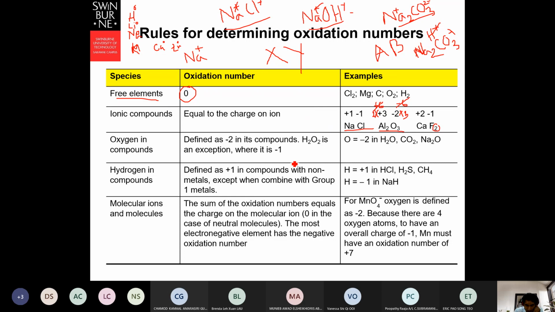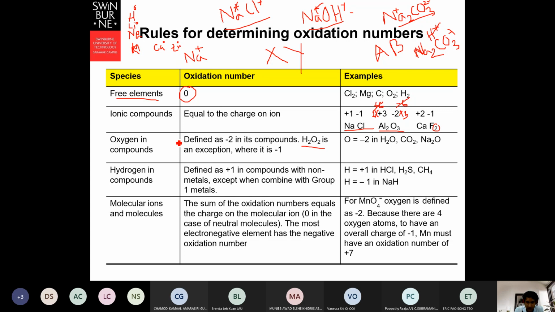In this way, if we go down, we see that oxygen in compounds always has -2, but there is an exception: superoxides, they have -1/2, and hydrogen peroxide, they have -1. Oxygen in general always has a negative 2 charge, okay, always -2 oxidation number.